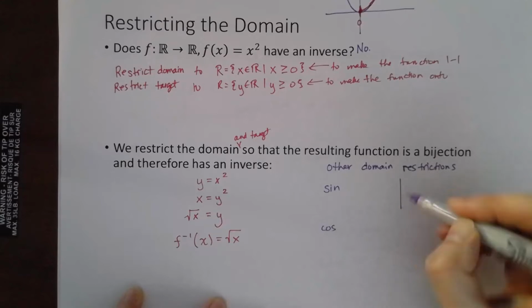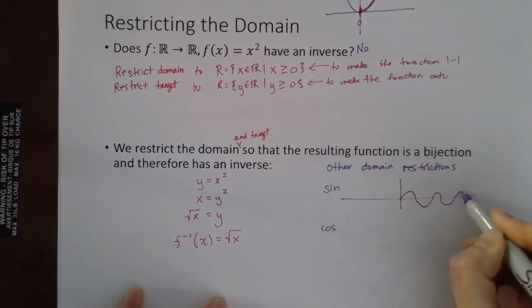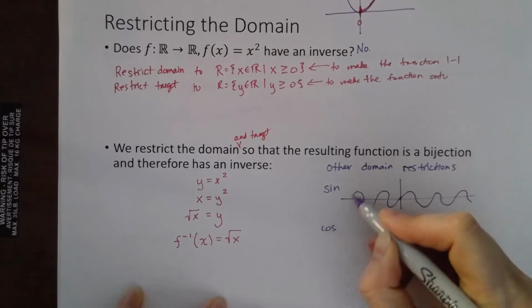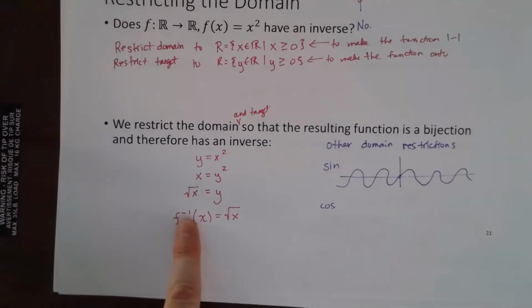So if you think about the graph for sine, sine goes like this, right? So if you look at the sine, is the sine one-to-one? No. Absolutely not. And so the sine doesn't have an inverse. But if you go on your calculator, there's a little sine with a little -1 on it that looks just like this. So your calculator thinks it has an inverse.